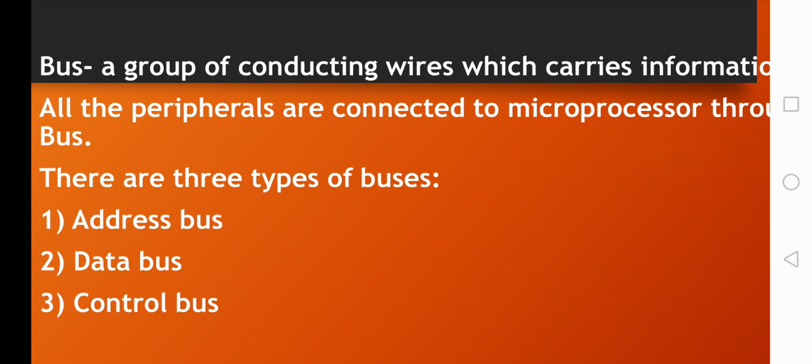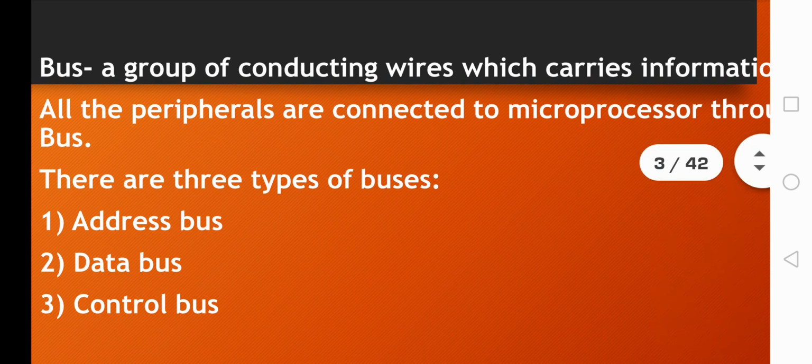So what is a bus? It is simply a conducting wire which carries some sort of information. It is helpful for us to connect various subunits or subcomponents, and it also carries some sort of information, which is helpful for the normal execution of the processor. That is how a bus is termed.